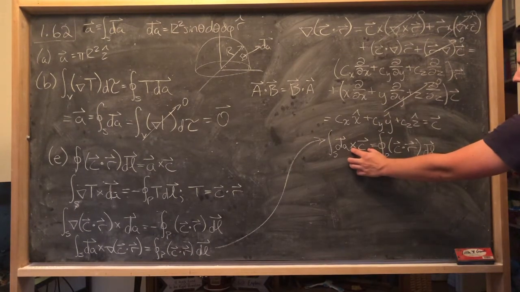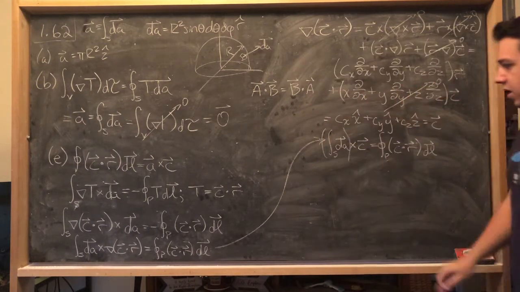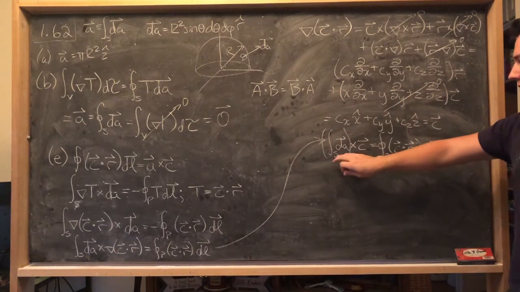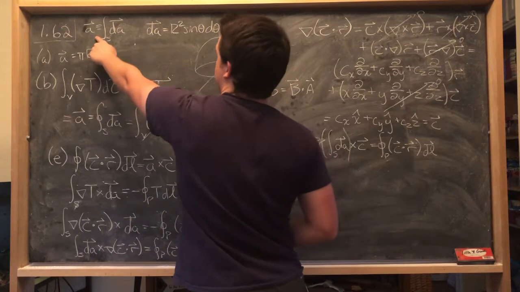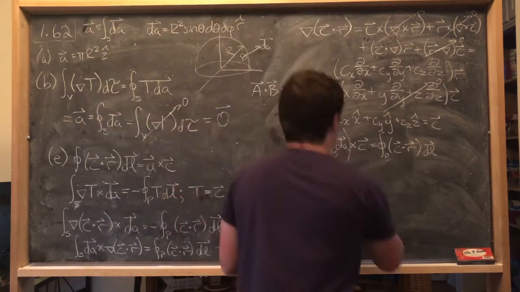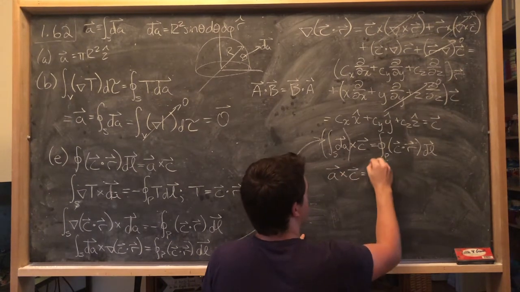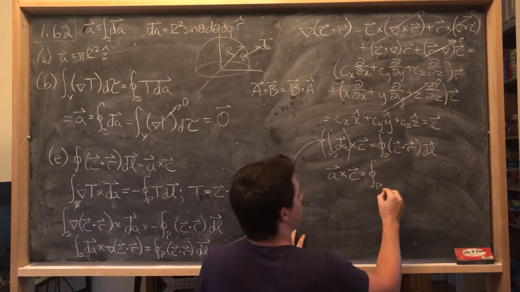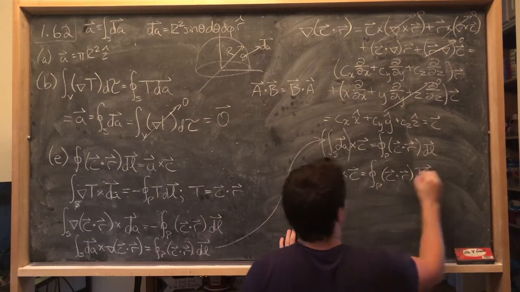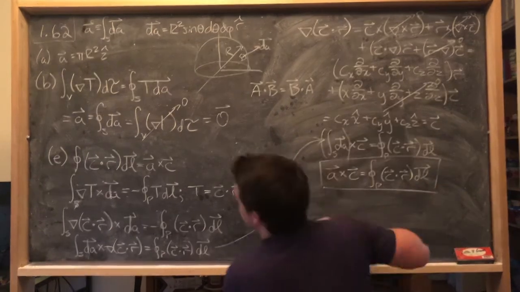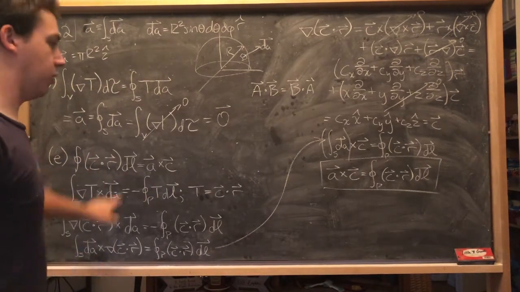But since this c is constant, we can take it out of our integral, and what we're left with is this integral over a surface of dA, which is just our original definition of the vector area A. So this becomes A cross c equals, and looking back at this equation, this is exactly what we were asked to find.